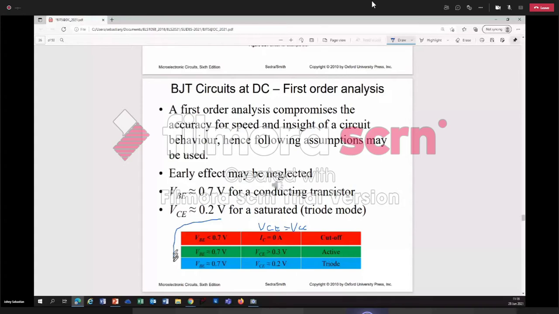All three conditions are nearly equal to 0.7. Therefore, looking at VBE to find out if the transistor is in saturation, cutoff, or active, you will never get an idea at all, because in all three conditions VBE remains at 0.7. But look at the second column.